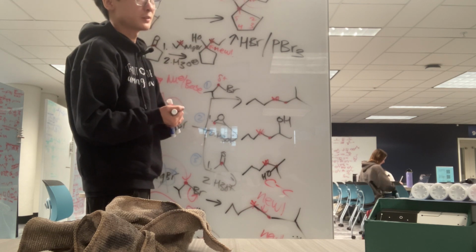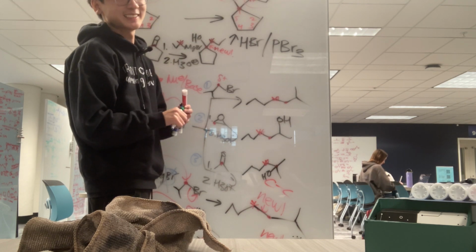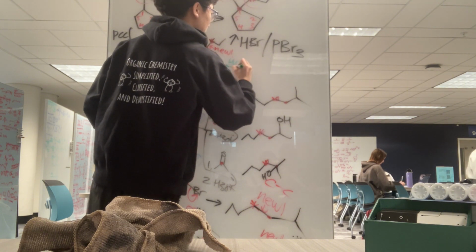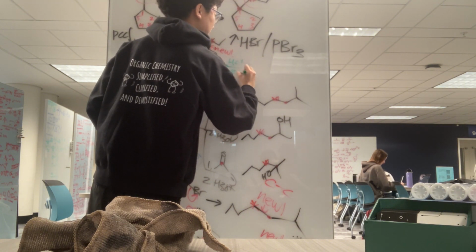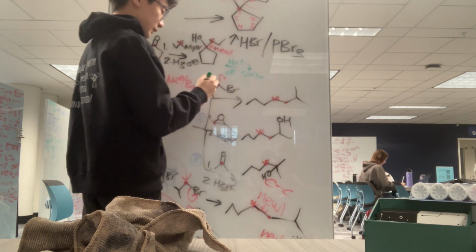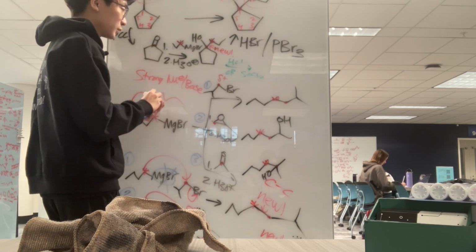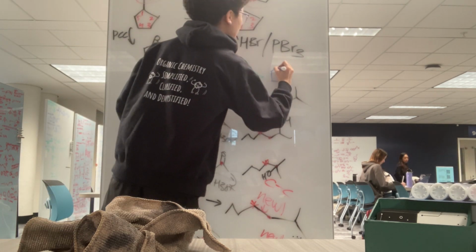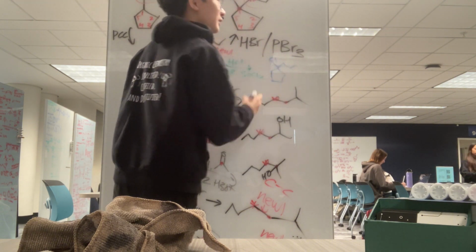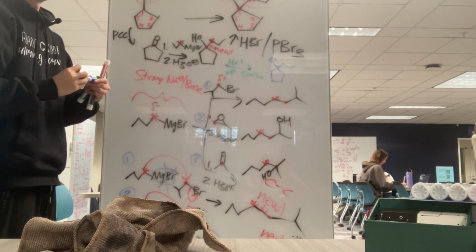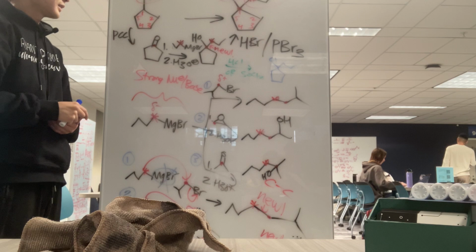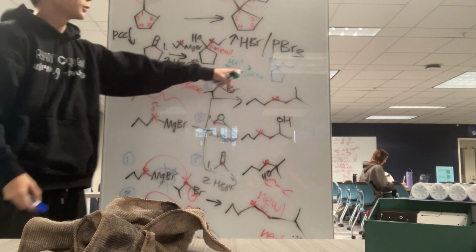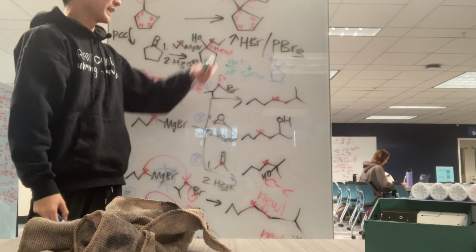If you wanted chlorine, in this case you could use HCl or SOCl2, and that's gonna give you this right here, Cl, like that, right? That's if you wanted this as a final product instead of bromine.